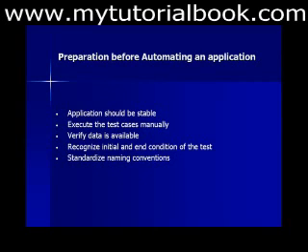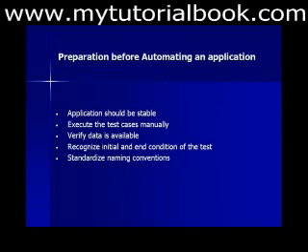If you are going to run your test script for various iterations, you need to make sure that basically the last step in your test script resets the application back to the same initial condition as it was before you began running the script.